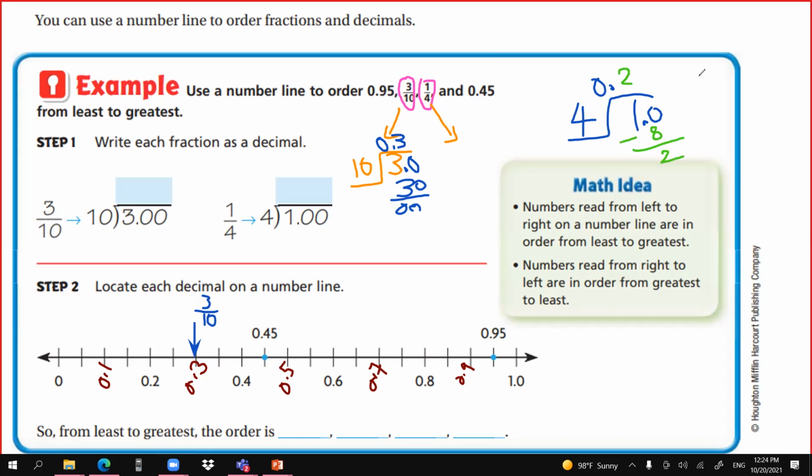Subtracting, I have 2. Then adding 0, 20 over 4, it's 5. 5 times 4, bravo. So now what do we have? 0.25.